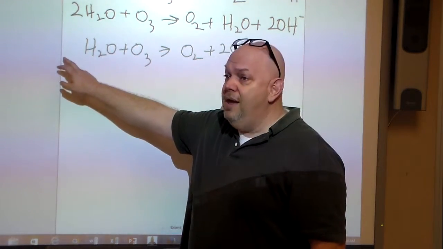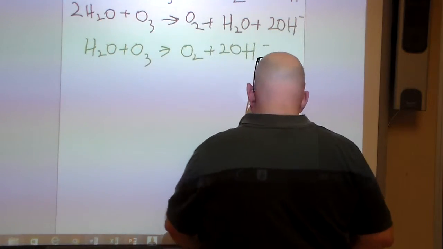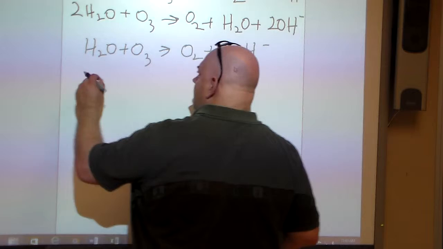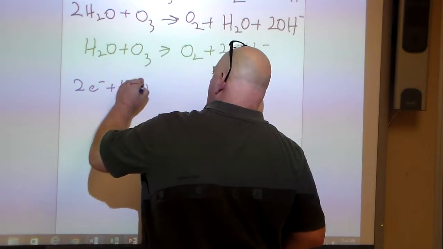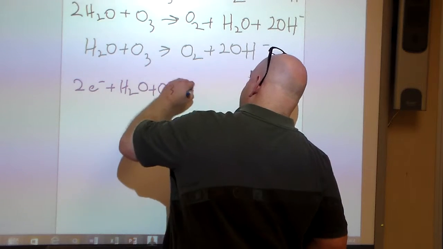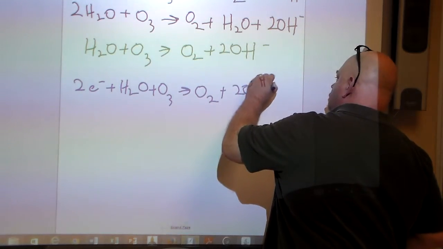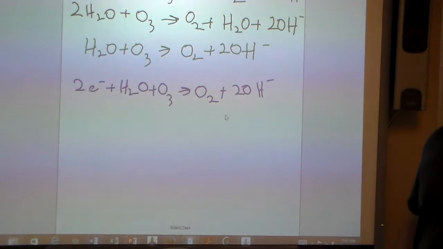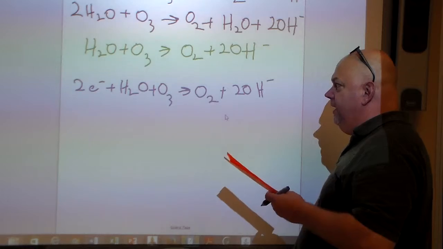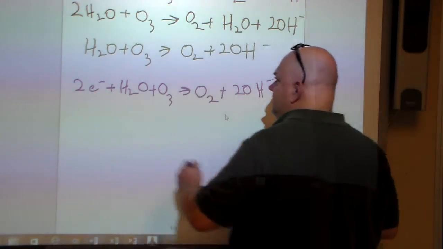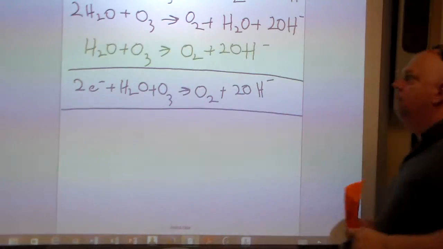The only way we will balance it out on this side is adding 2 electrons. Oh yeah. So we're going to add 2 electrons plus H2O plus O3 gets us O2 plus 2OH minus.